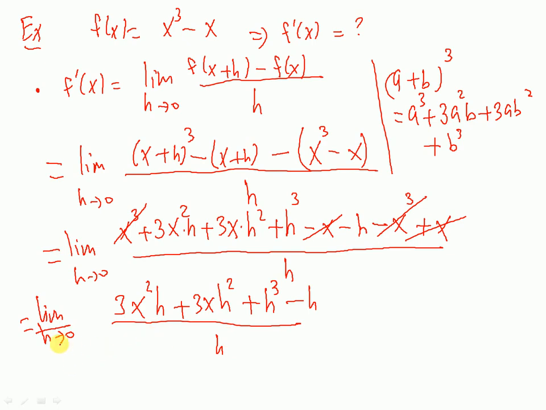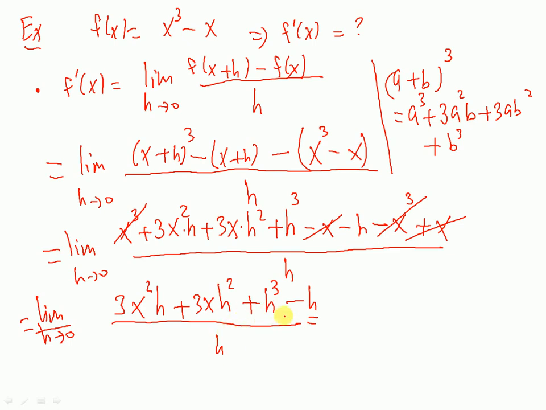So remember, we want h to go to 0. Because we have h at the bottom, when you plug in h equals 0, then we are dividing by 0, which is undefined. So we don't want this to happen.